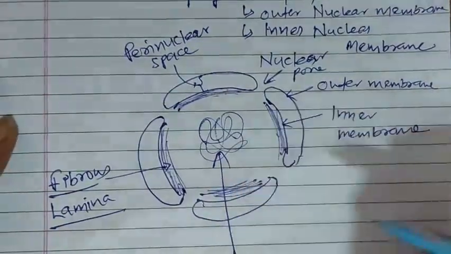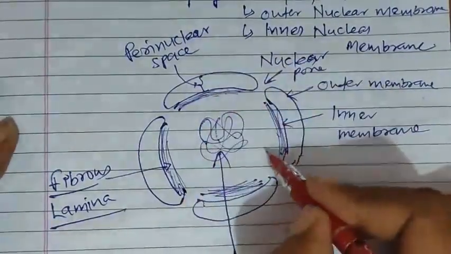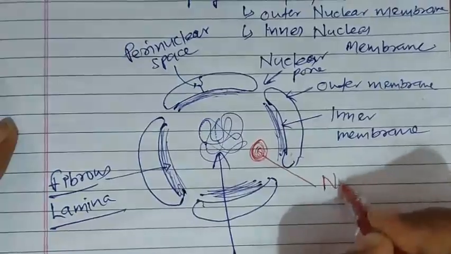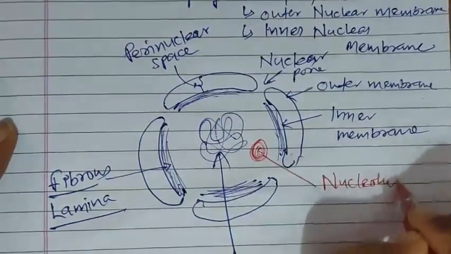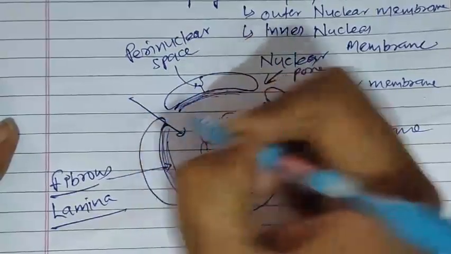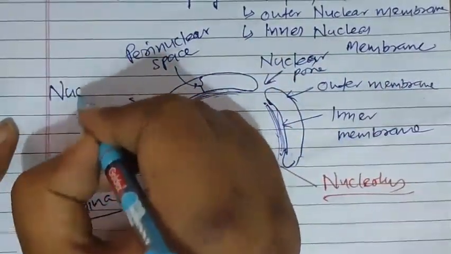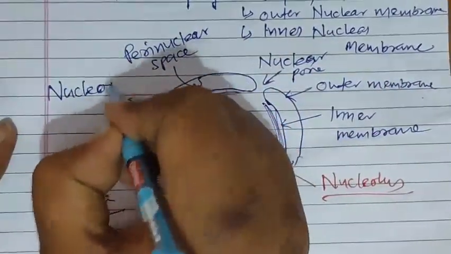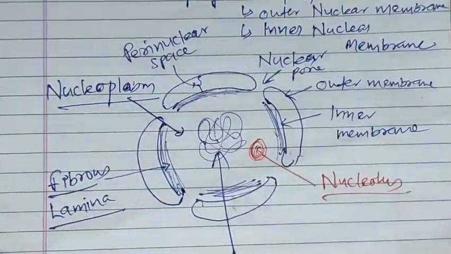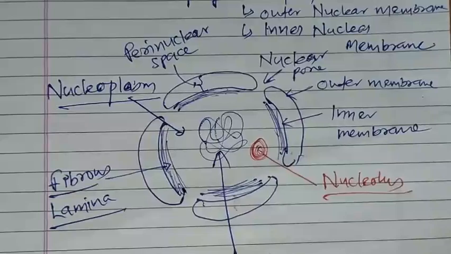Apart from the chromatin, you will find one membraneless structure known as the nucleolus, and this is the nucleoplasm. Okay, so all these things are present.